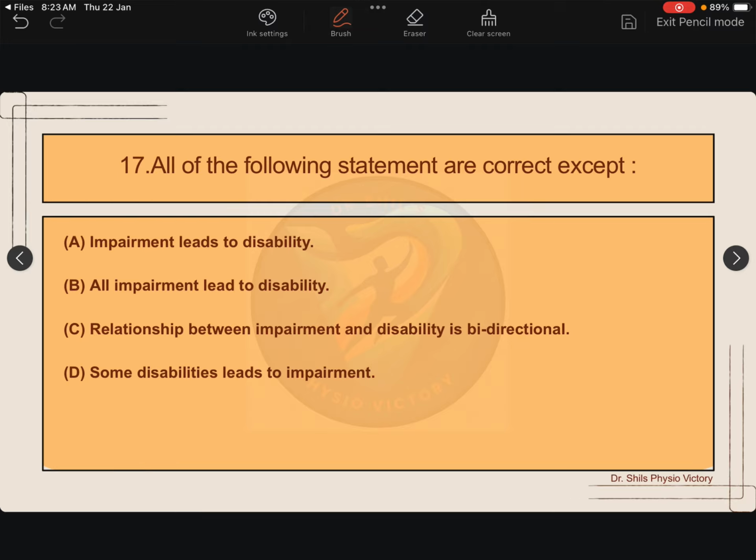Option D some disabilities lead to impairment. Here the correct answer is option B, all impairment leads to disability is basically wrong. Some impairment leads to disability.